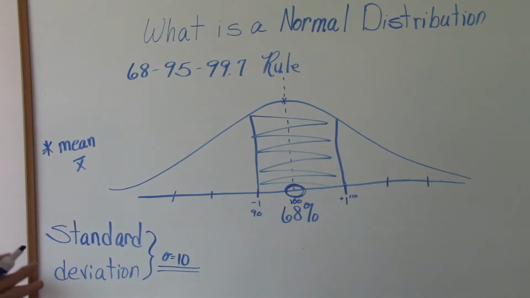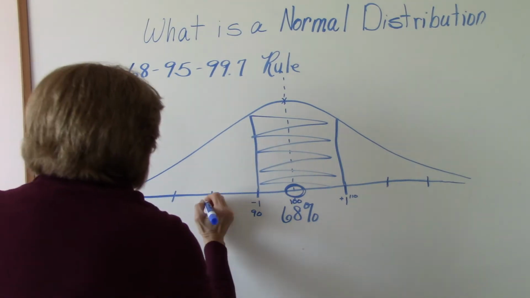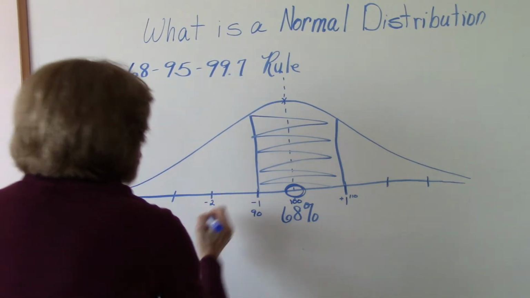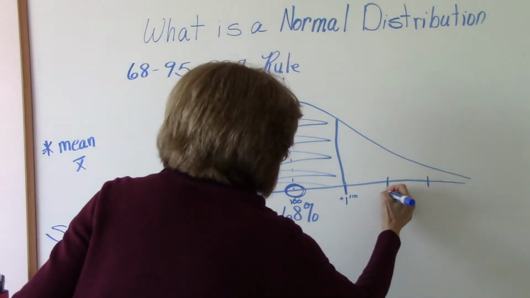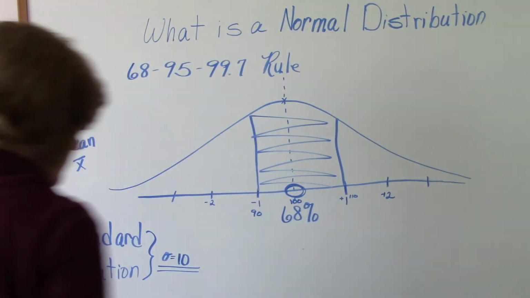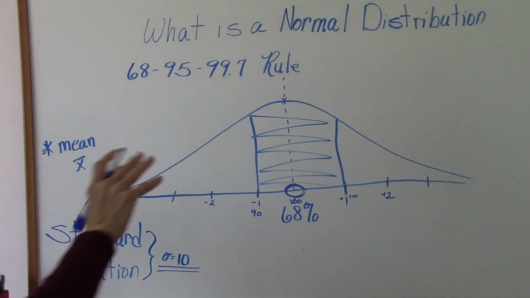Now as you expand out, as we go to 2 standard deviations below the mean up to 2 standard deviations above the mean, we spread out a little bit further on this normal distribution curve.